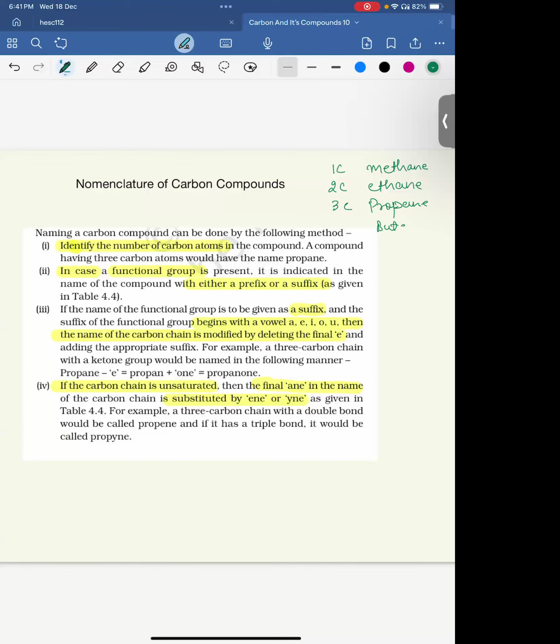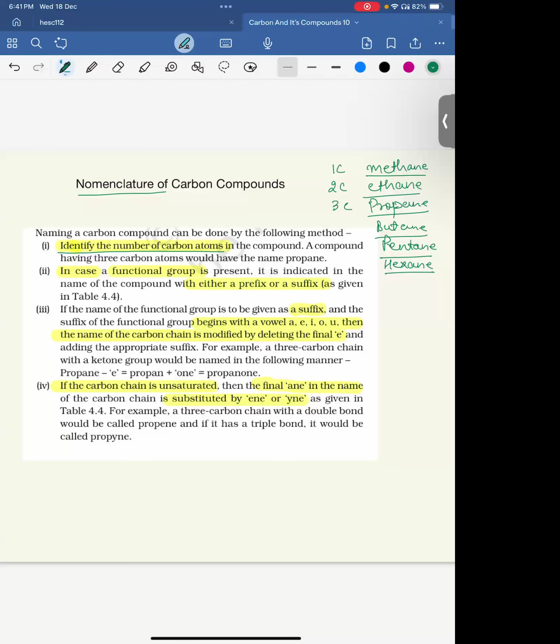Then butane, pentane for five carbon, hexane for six carbon. You should always remember this, because on the basis of these numbers only you will be able to name the carbon compounds. The first step in the nomenclature of carbon compounds is identifying the number of carbon atoms, and on the basis of that you are going to name further.